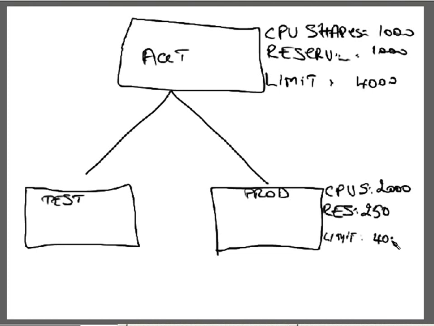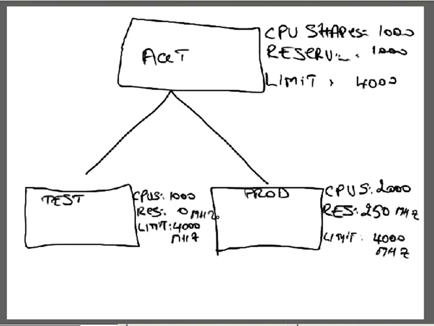Now on the other side, for test, we're going to do the CPU shares at 1,000, the reservations at 0, and the limit or the cap at 4,000. Obviously this is in megahertz here, and here, and here, and here.